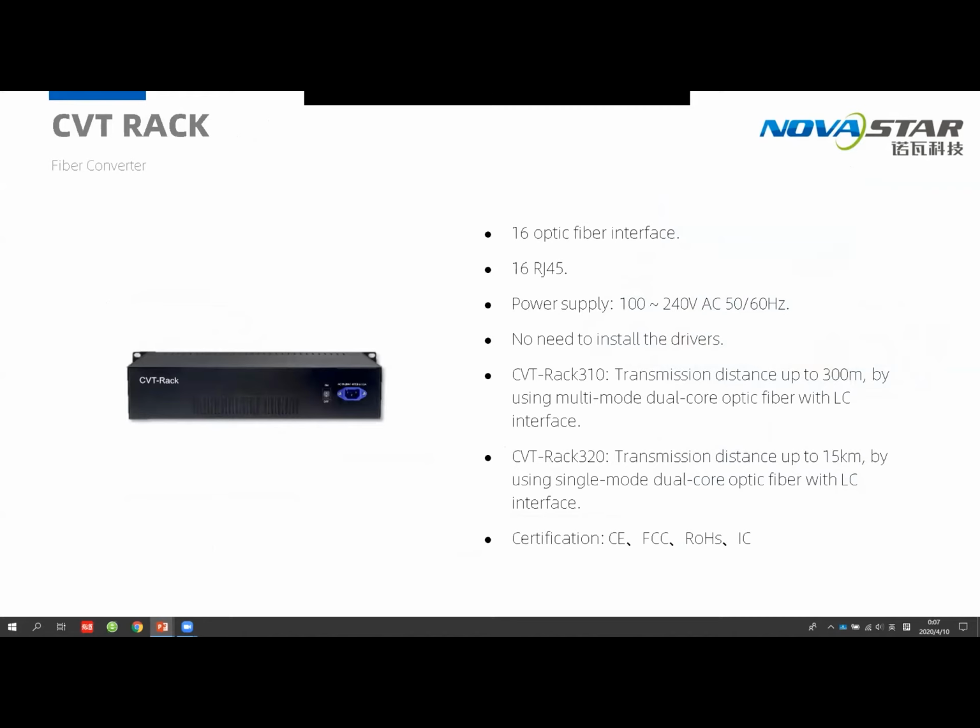This device we call CVT Rocker, and it has 16 pairs of fiber and RJ45 interfaces. The CVT Rocker 310 is used instead of the CVT 310, and the CVT Rocker 320 is used instead of the CVT 320. So it looks like we put 16 smaller converters into a big box.